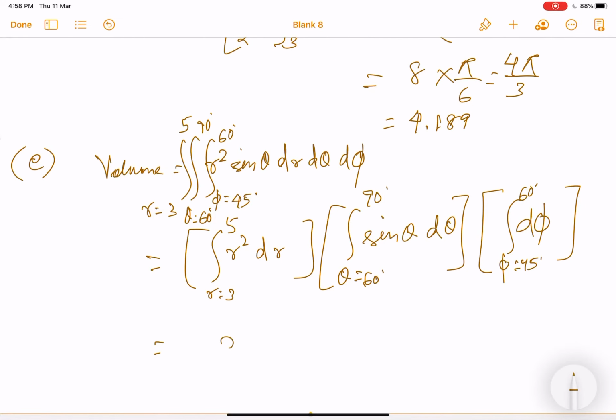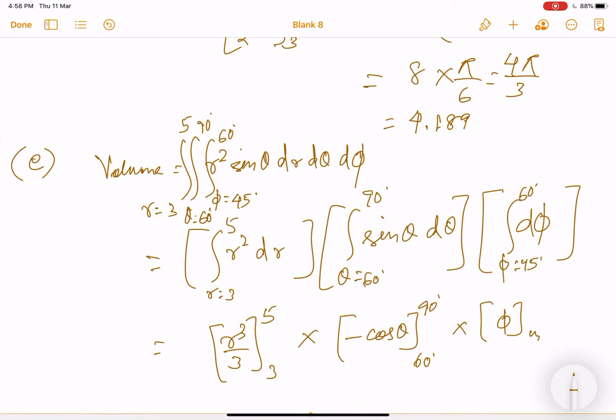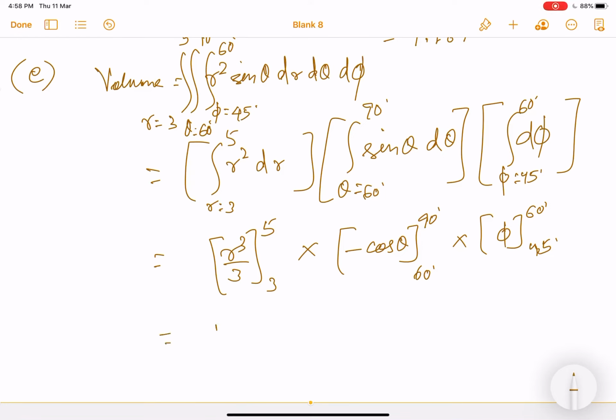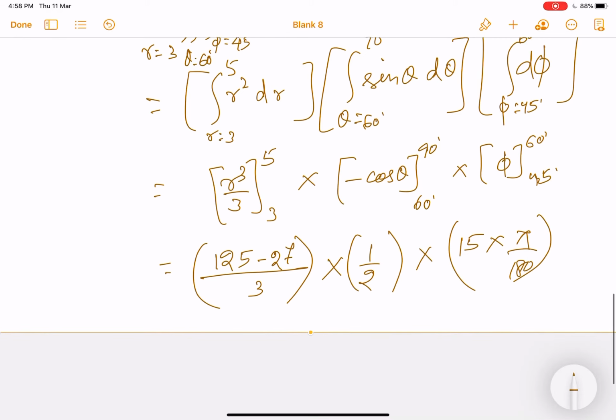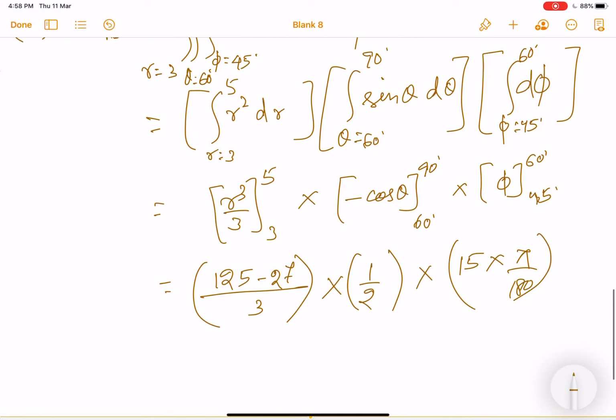So this is r cubed by 3, from 3 to 5, and we have sine theta's integration, minus cos theta from 60 to 90 degrees, and this is phi from 45 to 60 degrees. So this is 125 minus 27 by 3, and this one is half, and this one is 15 into pi by 180. Convert it into radians. Now just use your calculators.